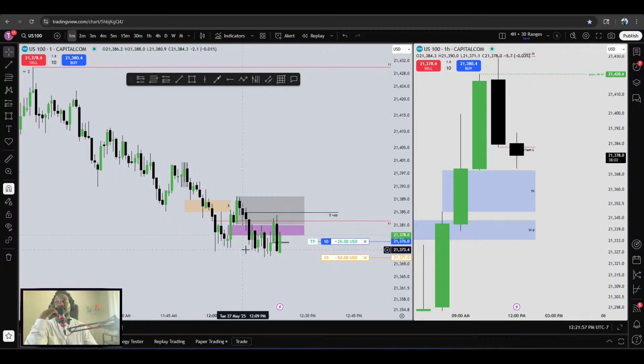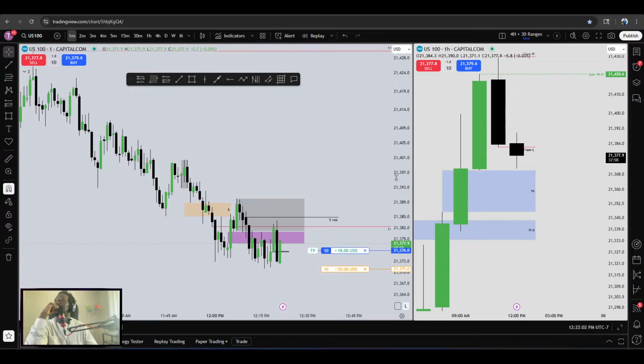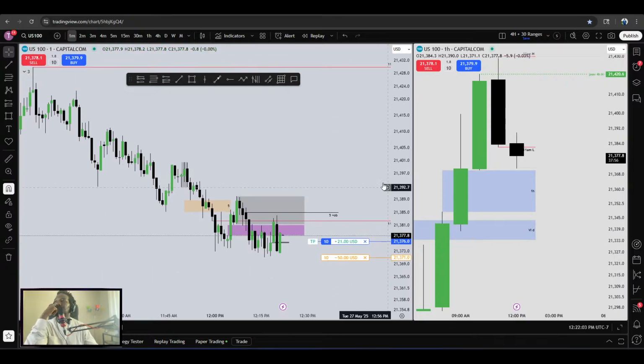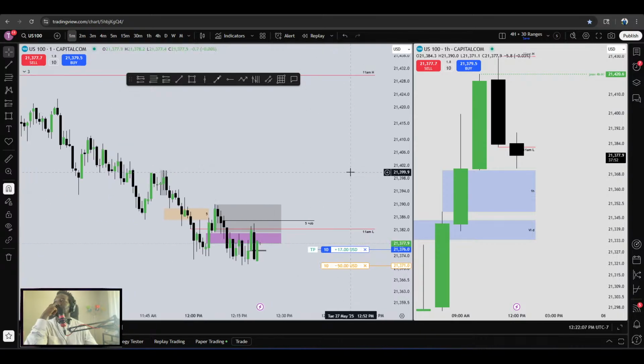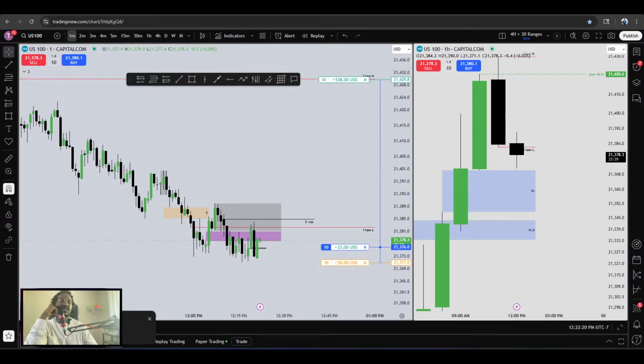But when I'm in drawdown, man, nah, we're gonna be a little bit safe. So just risking $50, we're looking at $500 if that works out for 1:5. But that was just a small test. We're not playing those games.